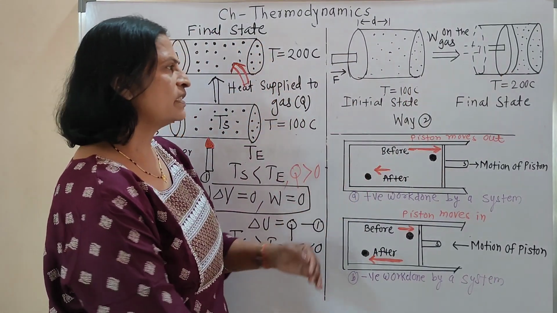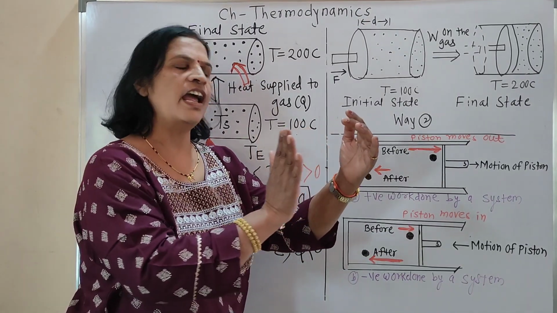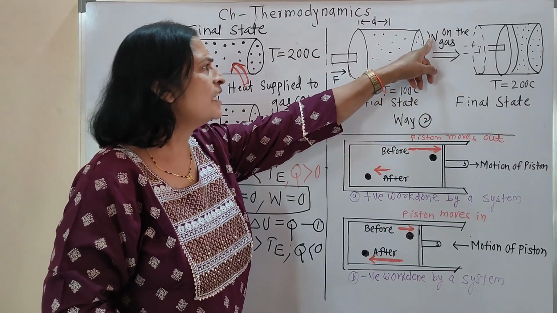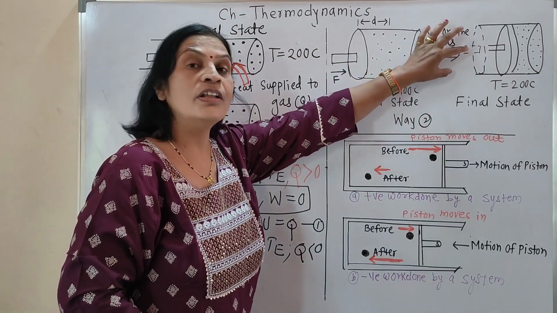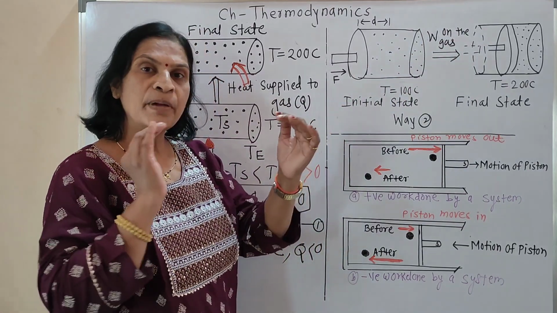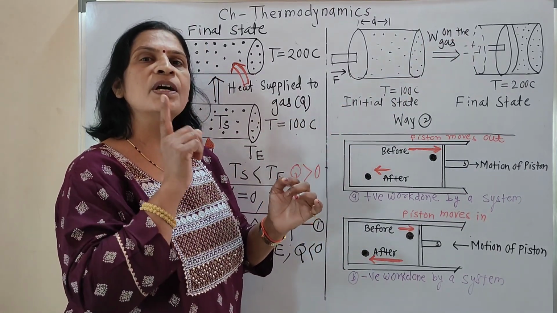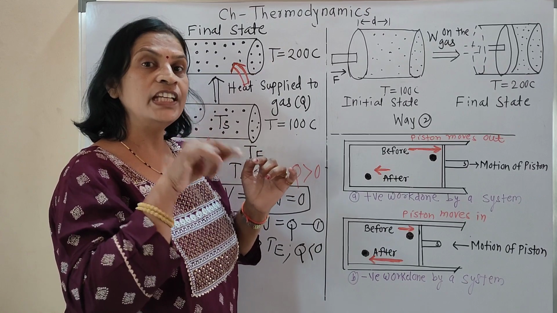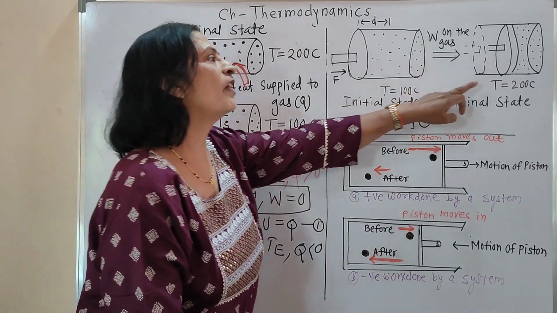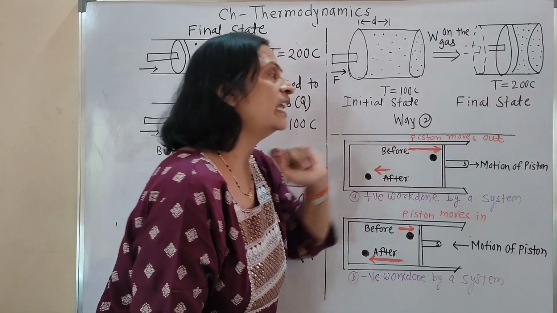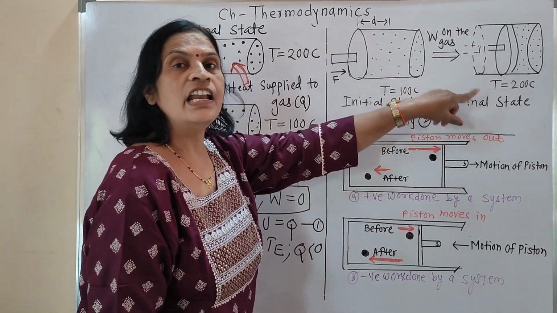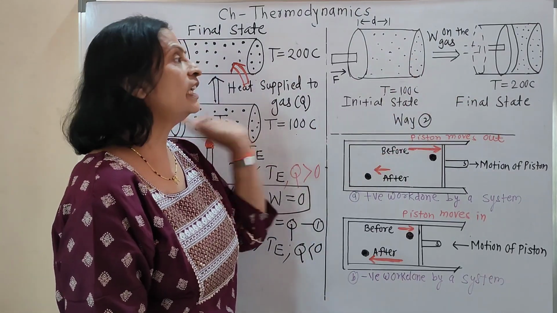When the piston moves inside, compression is done, which is nothing but work done on the gas. When compression is there, the temperature of the system goes on increasing, from an initial temperature of 100 degrees to a final temperature of 200 degrees, and the internal energy also goes on increasing.